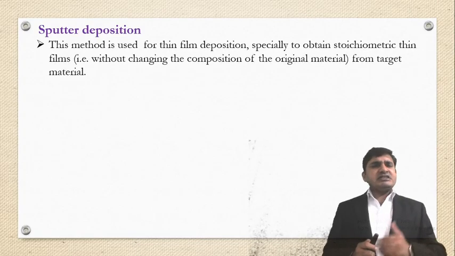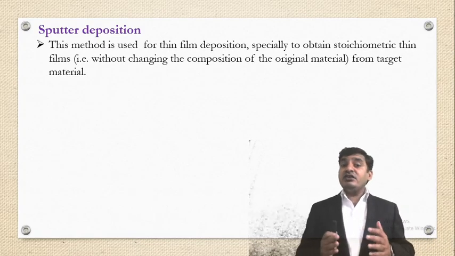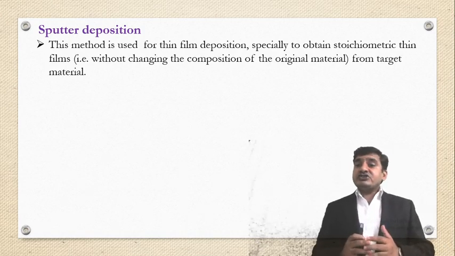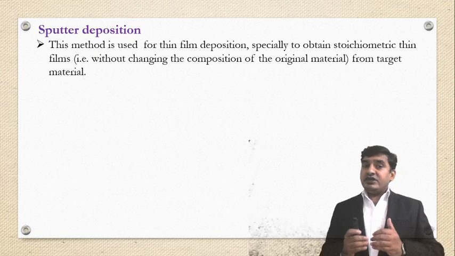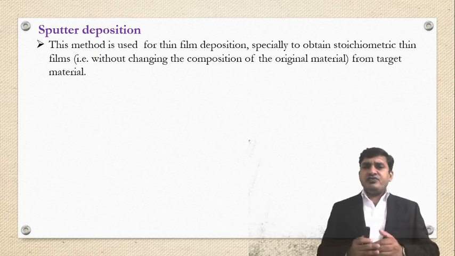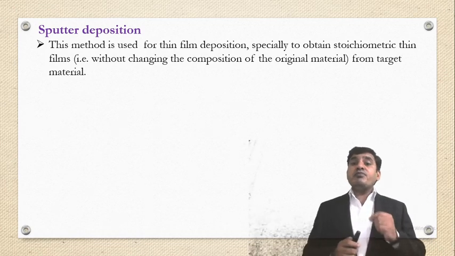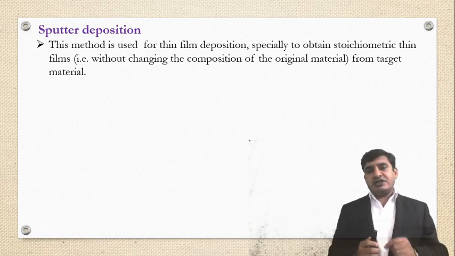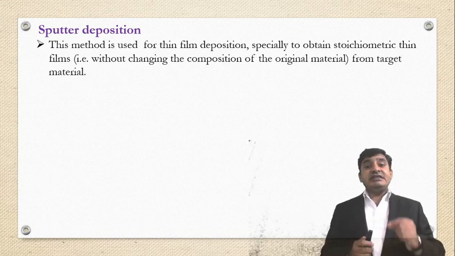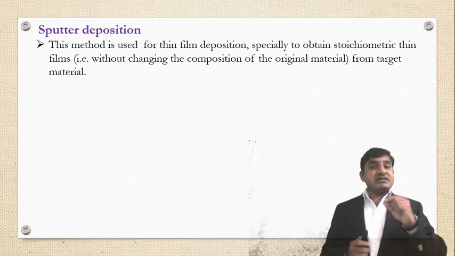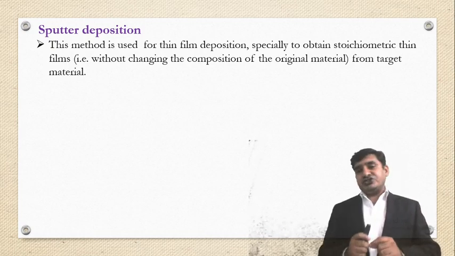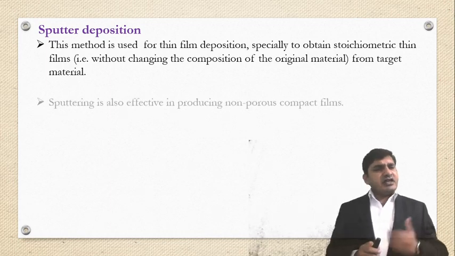The sputtering technique is used for thin film deposition, especially to obtain stoichiometric thin films. Stoichiometric thin film means the material is deposited on a substrate without changing the composition of the original material.